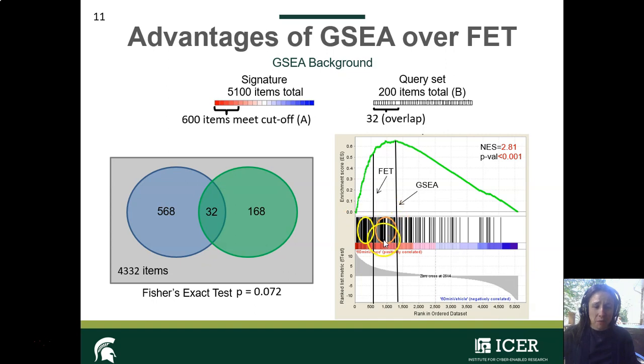Because gene set enrichment analysis will consider these borderline genes in the orange circle, where Fisher's exact test only considers the ones in the yellow circle, gene set enrichment analysis will detect enrichment in this data set. And so you'll get a positive normalized enrichment score and a p-value less than 0.05. So this illustrates in a legitimate example how GSEA can be more sensitive than FET.